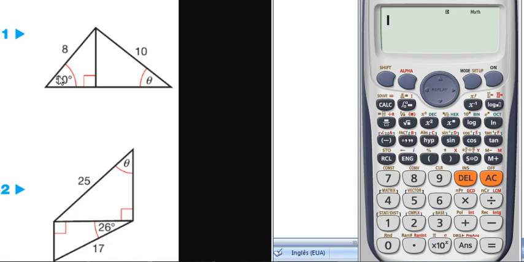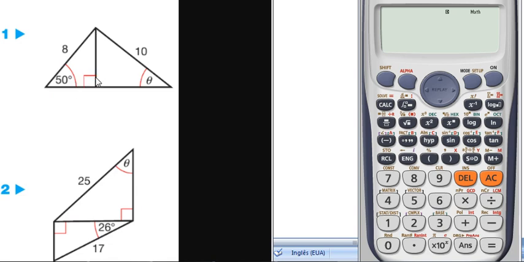Let's go. Number 1. I have to find this angle theta, but I don't know 2 sides of this triangle, so I have to figure out at least one more side to figure out the size of this angle. Since we know this angle and this side, the hypotenuse, I'm going to take this triangle and figure out this height, this side.